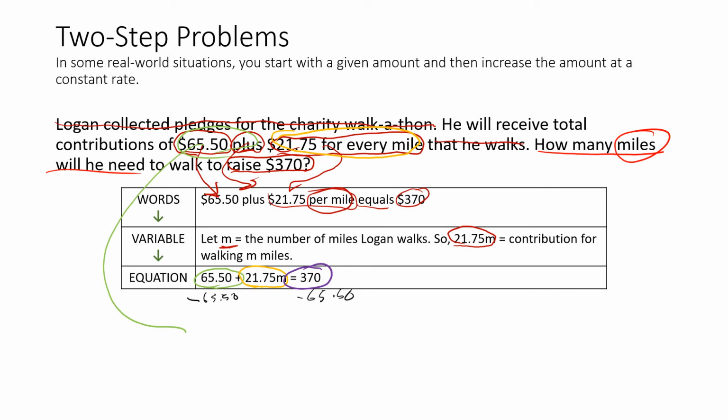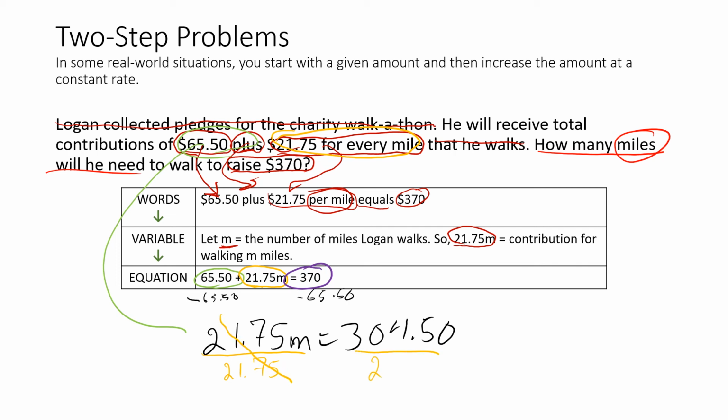We're now going to have an equation of 21.75 M equals 304.50. And now we're going to divide both sides by 21.75, because that's a multiplication, right? That's 21.75 times M, so that's multiplication. So that's going to get rid of that. And we're going to do on this side the same thing.